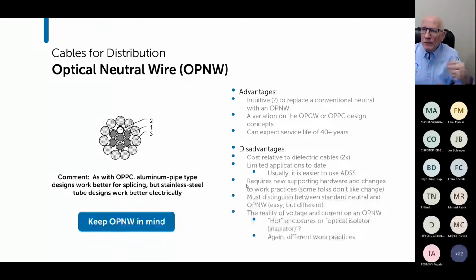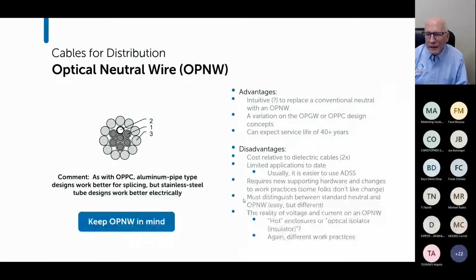And if you were to replace a neutral, you would need new supporting hardware and you would have to change your work practices. And so it runs into resistance from the operations people because they've got to do things differently. Just being realistic here. Because the overwhelming amount of neutral wire is conventional neutral wire, you would also need to consider how you would distinguish in the field between a standard neutral and an OPNW.